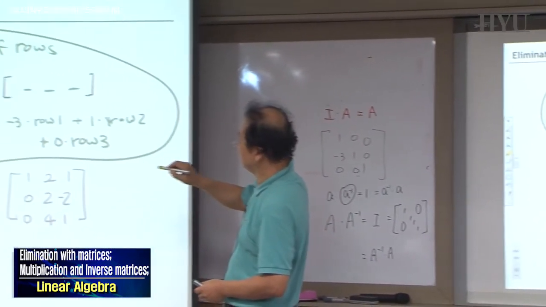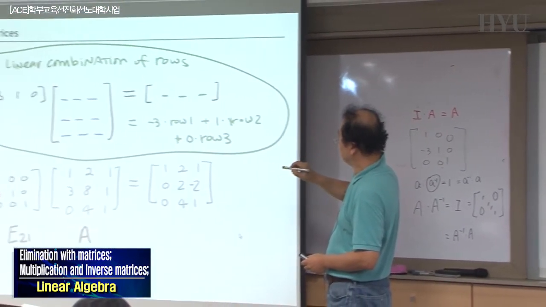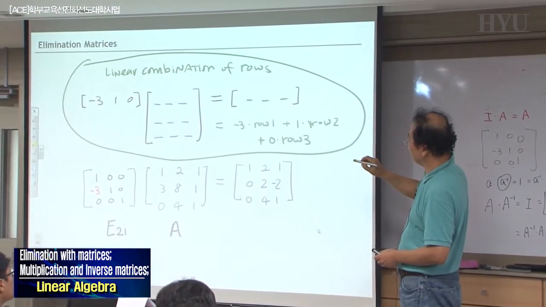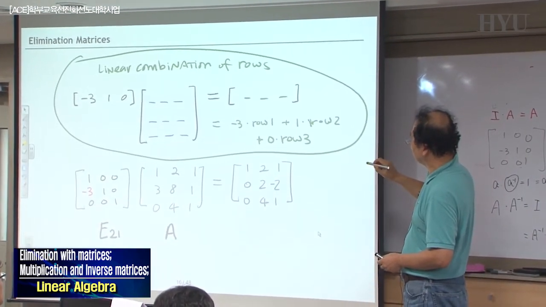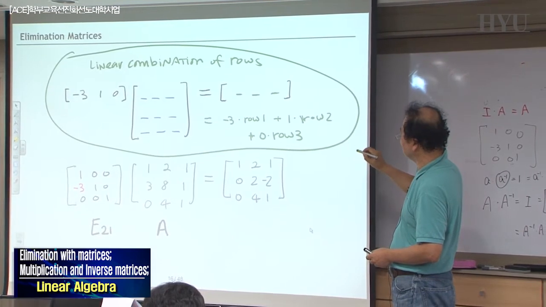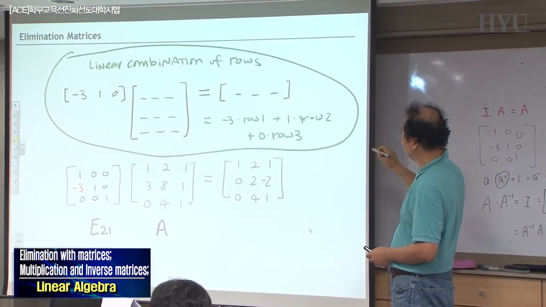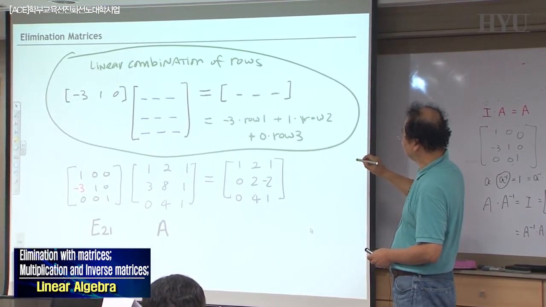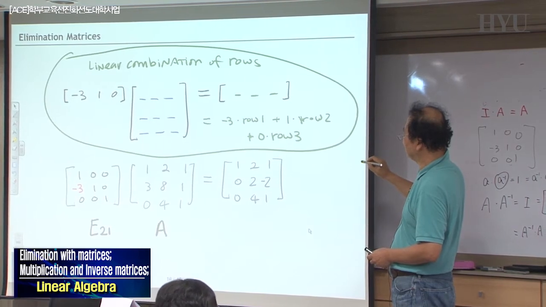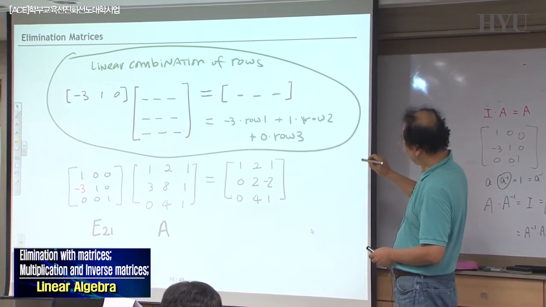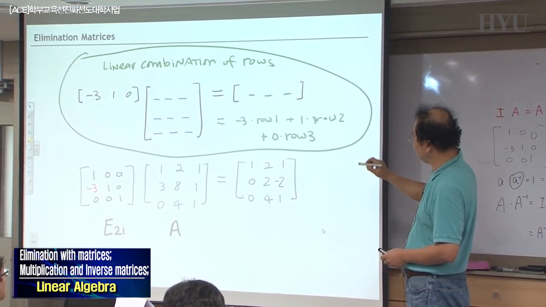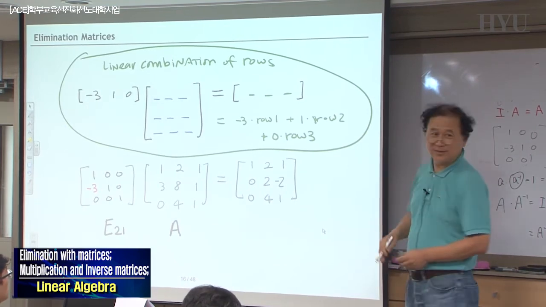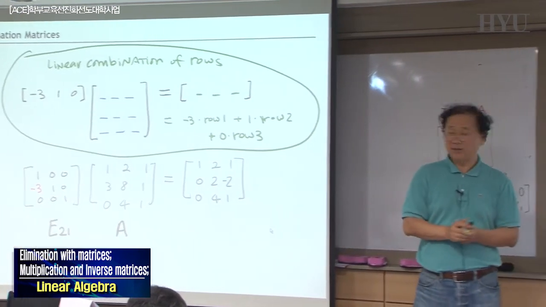What -3, 1, 0 really means is -3 times row 1 plus 1 times row 2, then 0 times row 3. This is more or less combining those things, right?